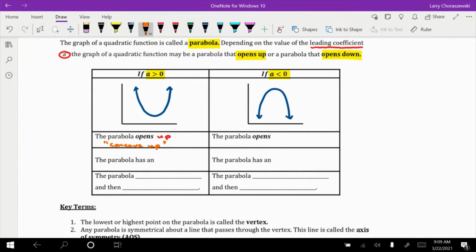Now, one interesting thing about parabolas is that depending on how it opens, it's either going to have an absolute maximum or absolute minimum. So in the case where a is positive, and we're looking at our parabola that's opening up, which one of those do you think it might have, an absolute maximum or absolute minimum?